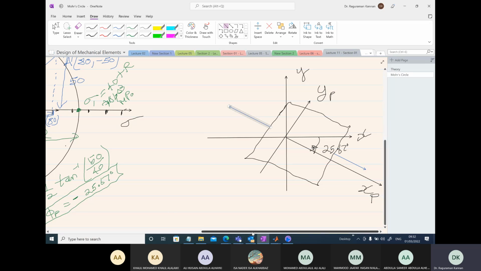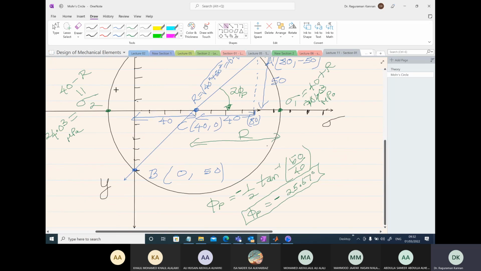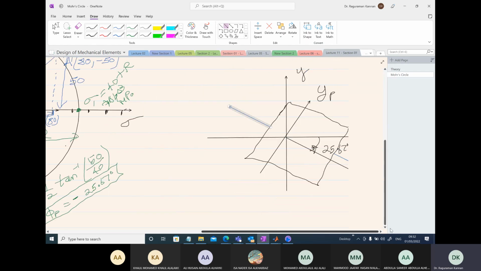But along the yp direction, the sigma value is negative 24.03, therefore compressive stress.